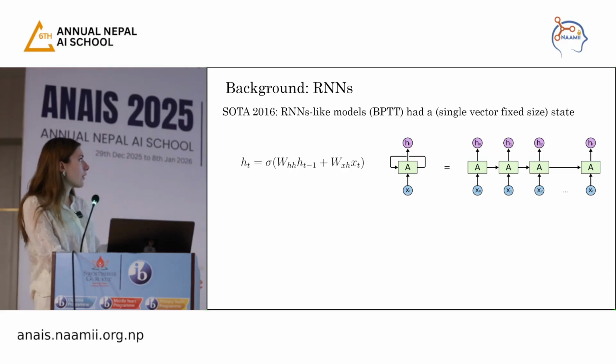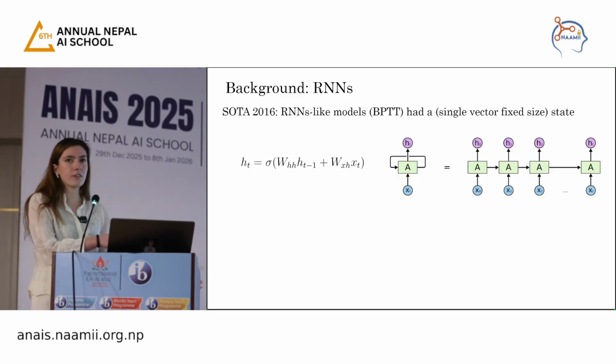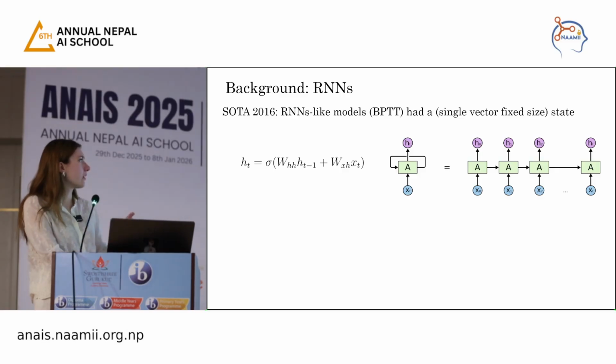I will not go deep into them, but what is important for us to understand for the sake of this discussion is that RNNs are basically representing the hidden state of the input as one single vector. So all of the input gets squashed, embedded into this final vector of a fixed size, HT.